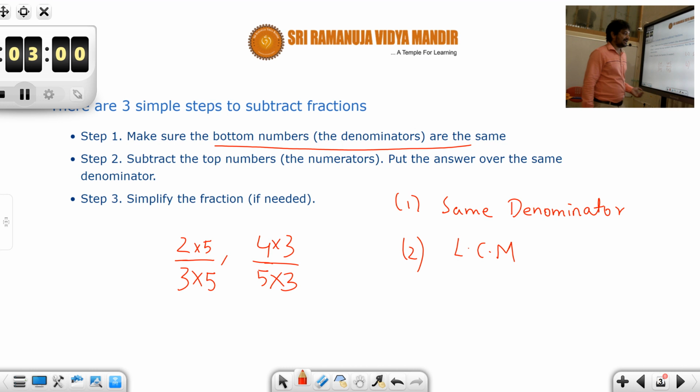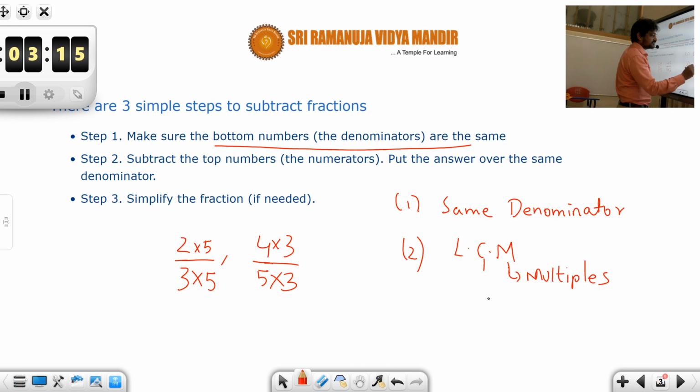And then the second method we have learned is the LCM method, that is, finding the least common multiple. First we will write the multiples of the numbers. Once we are done listing all the multiples of the numbers of which we are trying to find the LCM, then we will group all the common multiples.